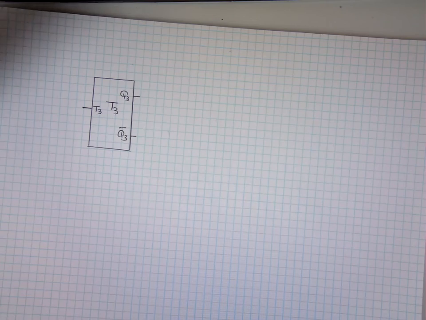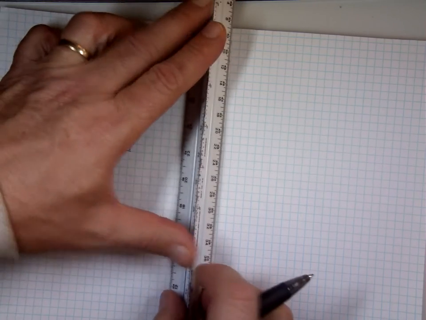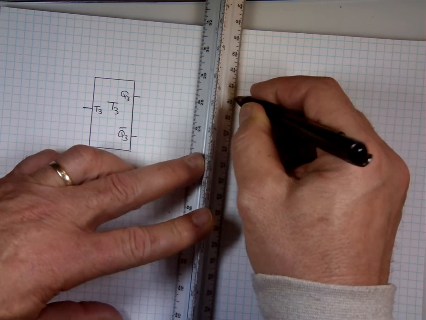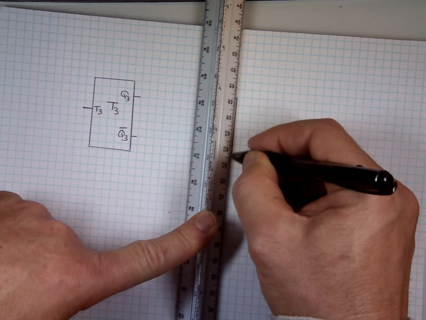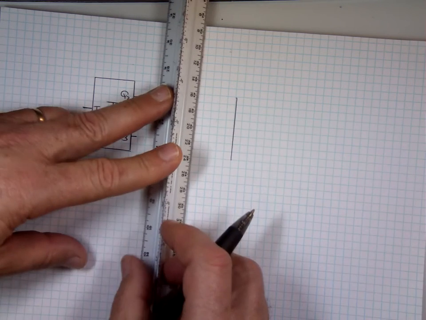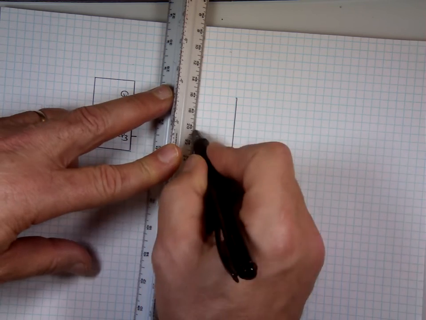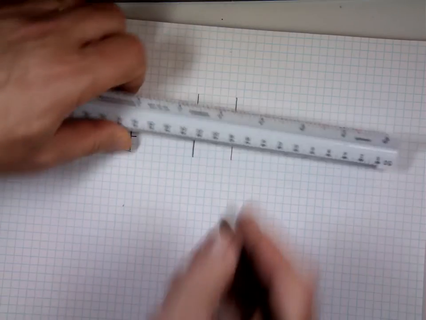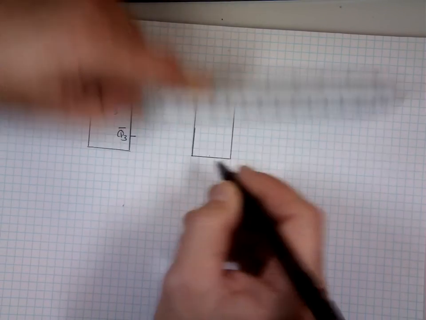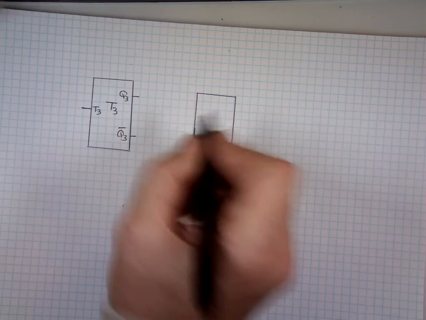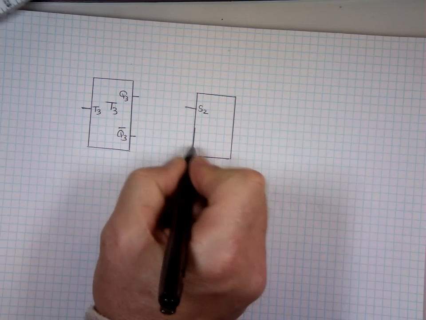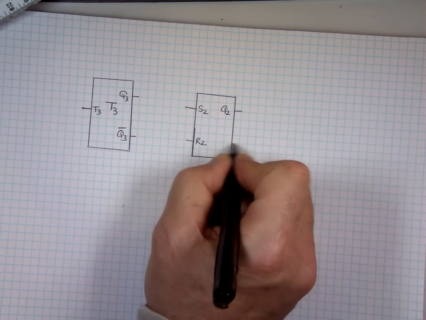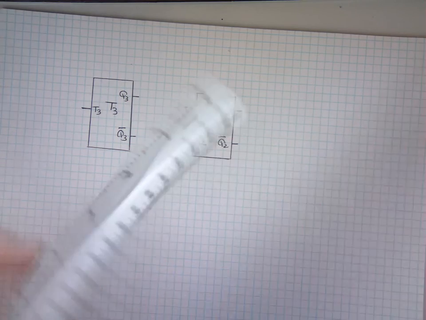The next one, right next to it, that's the SR. S2R2 has Q2 and Q2 naught. And the last one is what? The D flip-flop, the third one?